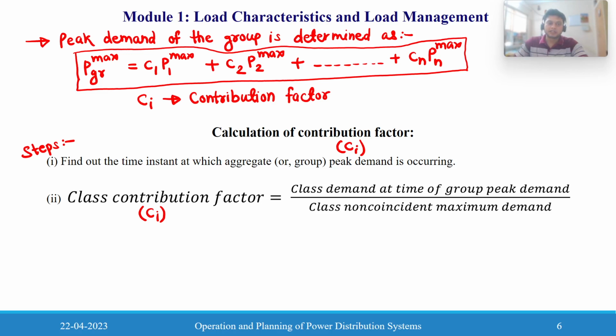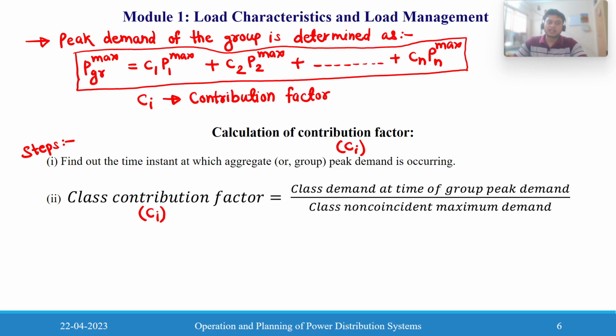Let me tell you again: for finding the contribution factor, we first find the aggregated peak demand, and then see its time instant. Now we forget the peak demand; what the power is, is not relevant. We are just interested in the time instant.